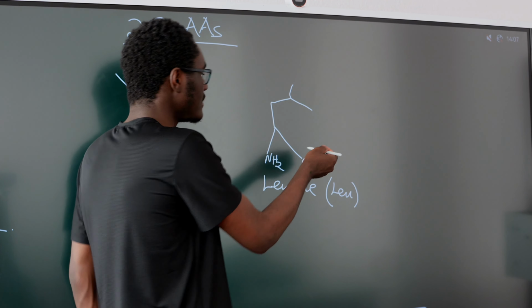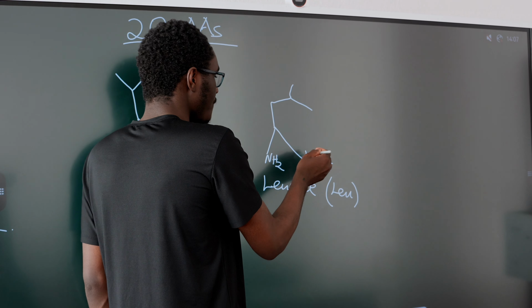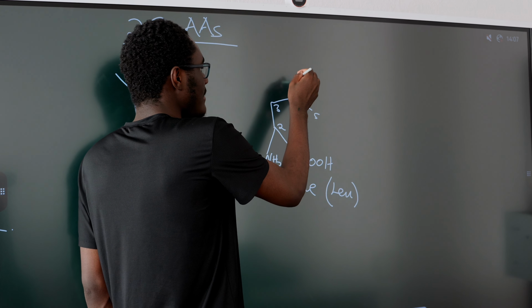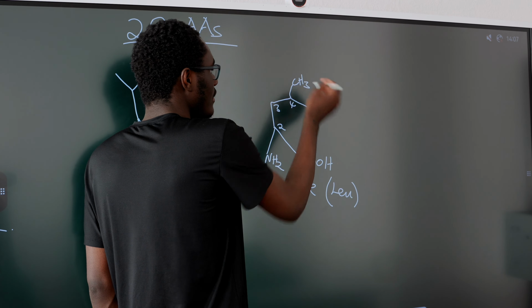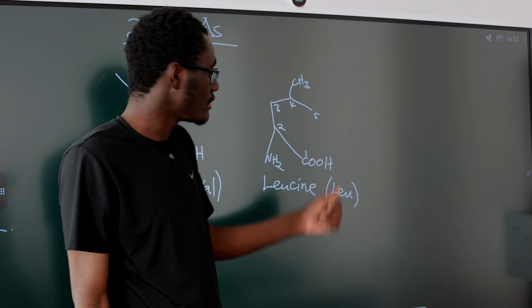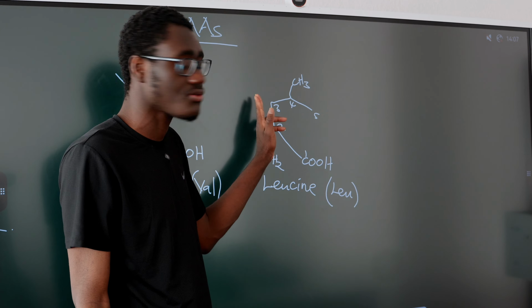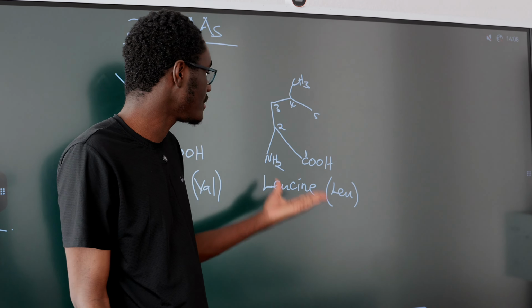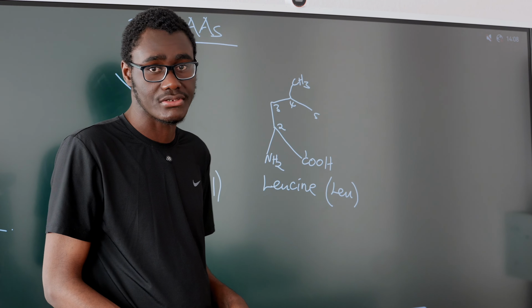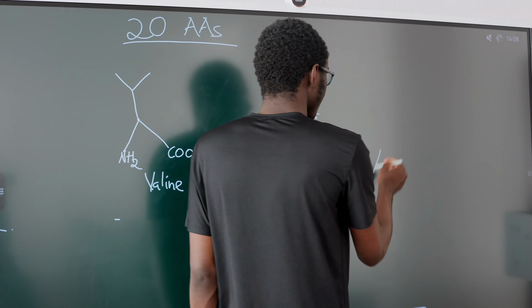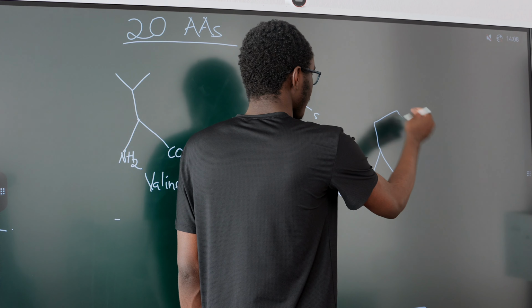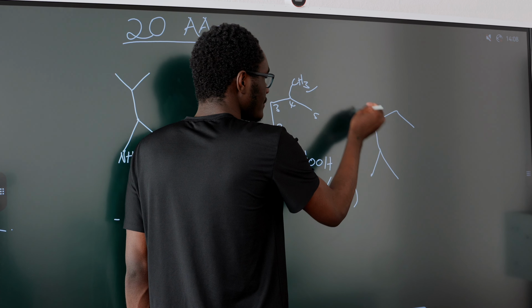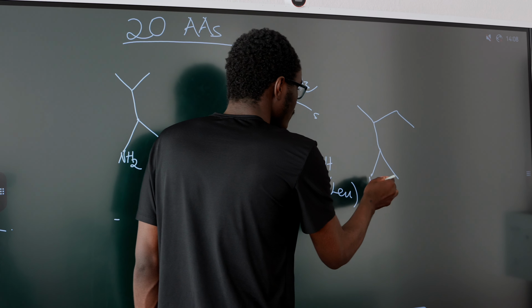As you can see in leucine, first carbon, second carbon, third, fourth, and fifth. The methyl group that we're having here is on the fourth carbon. For isoleucine, it's on the third carbon. So that's the difference. If you know the structure of leucine, you can draw isoleucine. So now we're going to move this group to this position, and it becomes isoleucine.